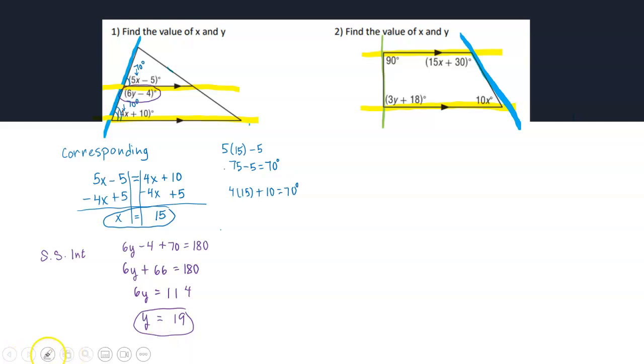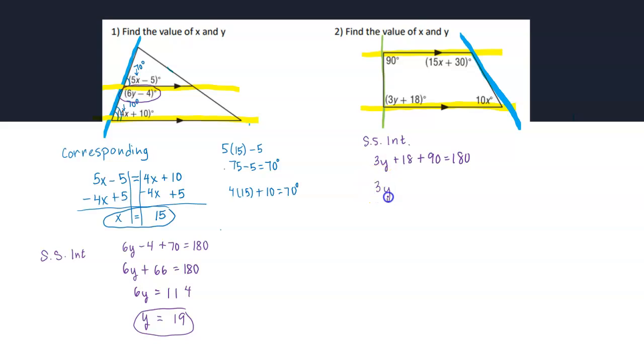So since I know that on the green line I have same side interior, I know that those angles have to add up to 180. So 3y plus 18 plus 90 has to equal 180.